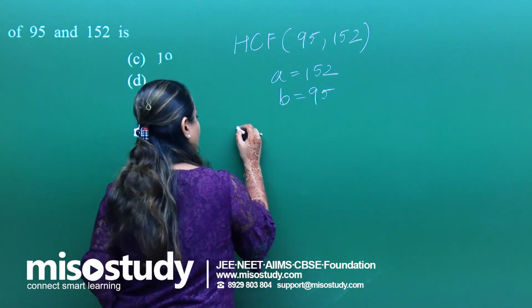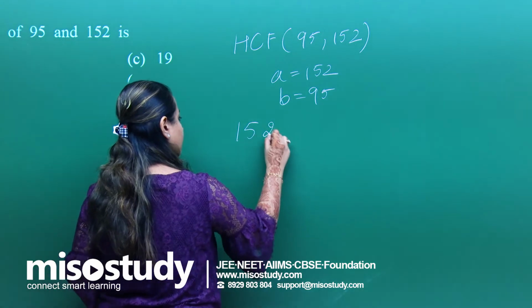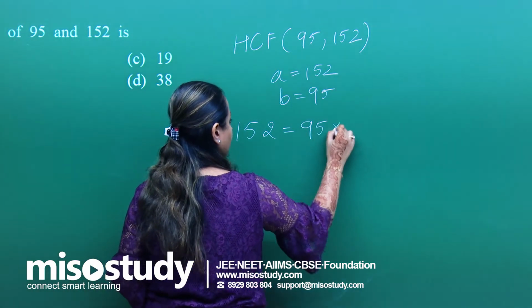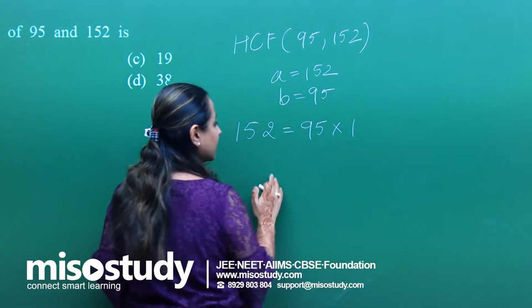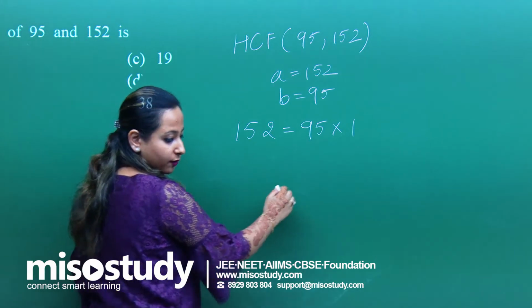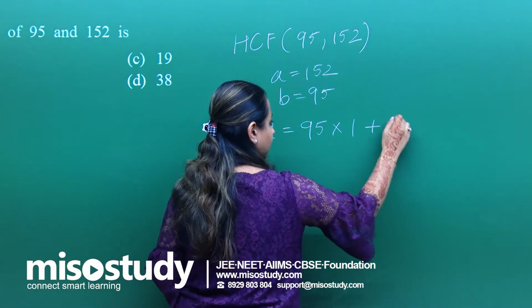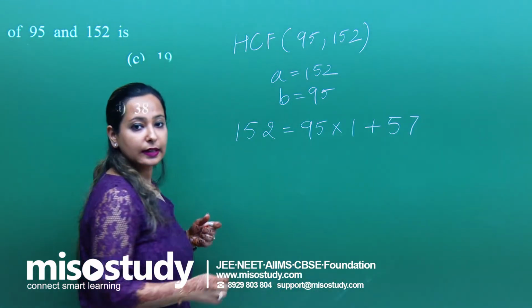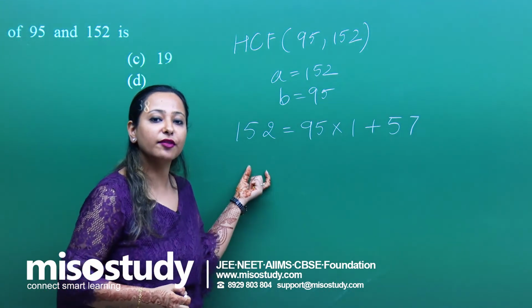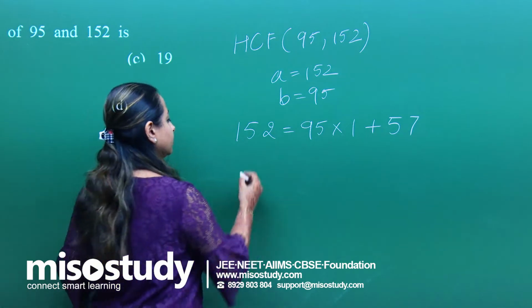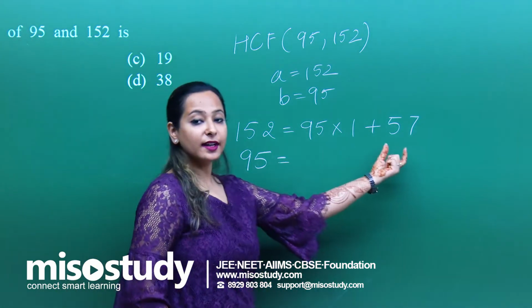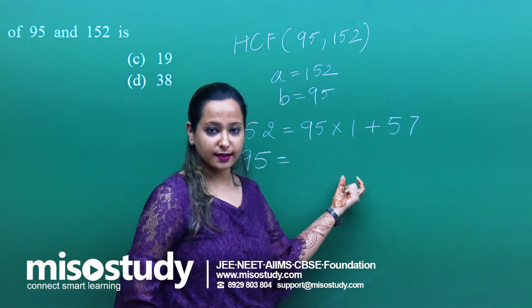Now 152 is equal to 95 into 1 plus remainder. We subtract 95 out of 152, which gives 57. Now this divisor will become the dividend in the next step, and this remainder will become the divisor in the next step.